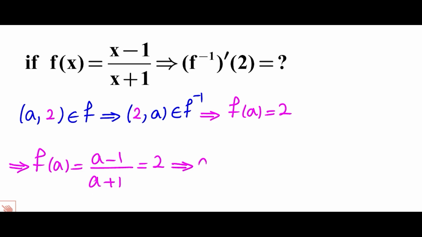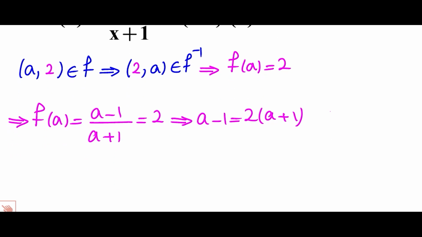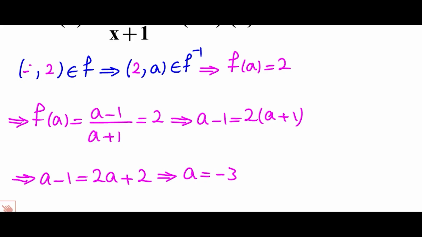So we have a minus 1 is equal to 2 times a plus 1. Now expand the right side. We have a minus 1 is equal to 2a plus 2. And finally, we have a is equal to negative 3.